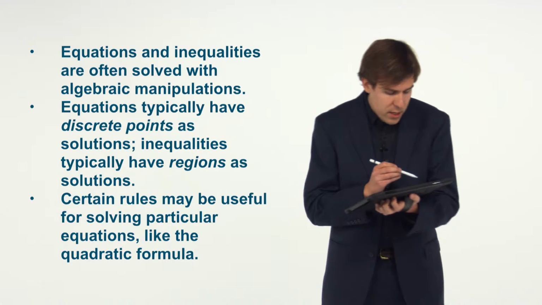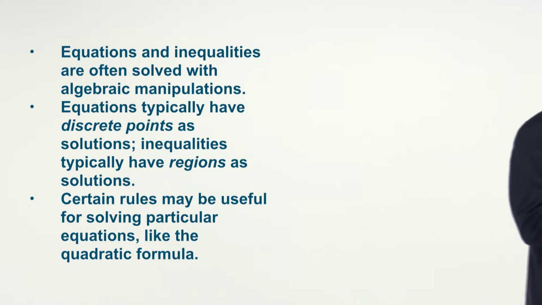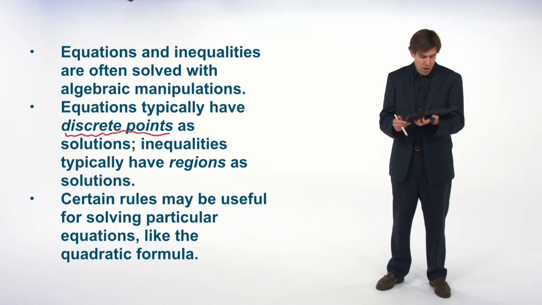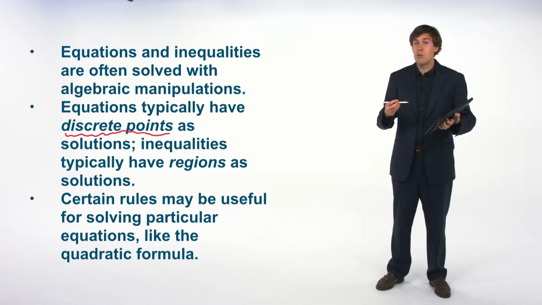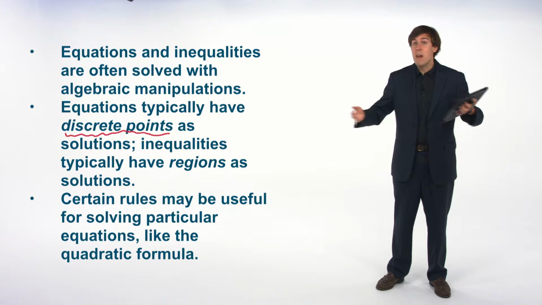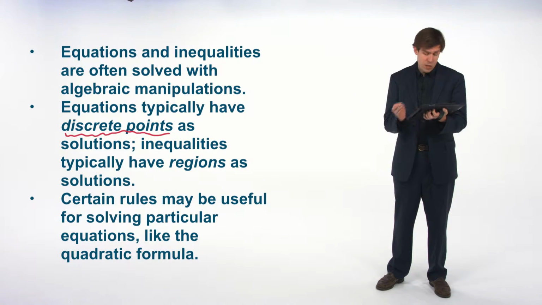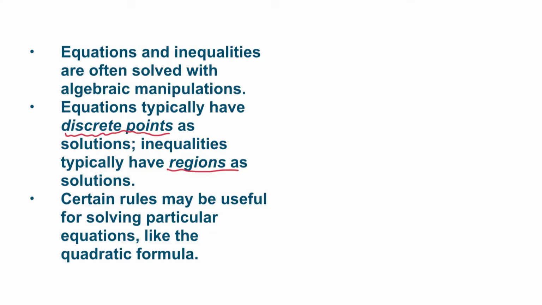Equations have the property that, in most cases, their solutions are discrete points, that is to say, some sort of finite collection of points. Whereas inequalities typically have solutions of many, many points, infinitely many points. So these might be thought of as regions for solutions.